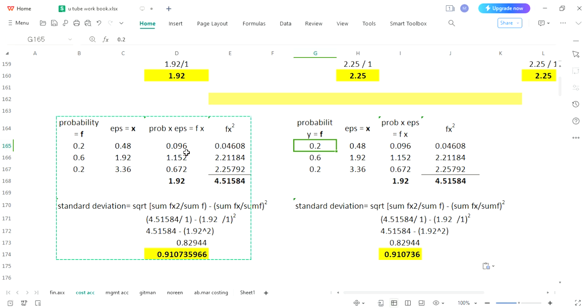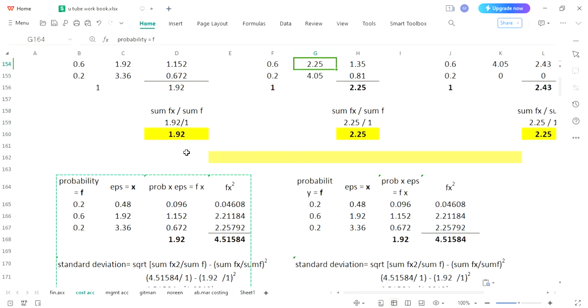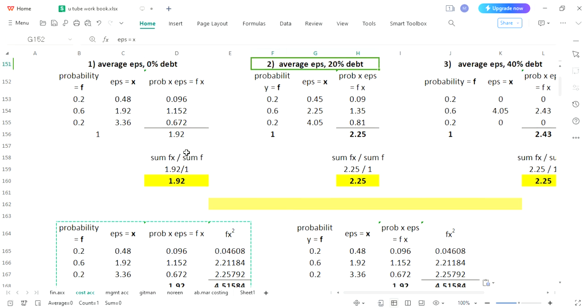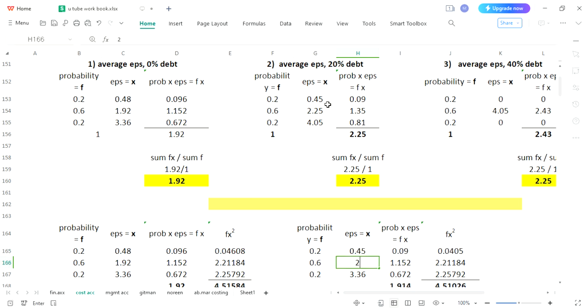So this was for your first part. Calculations have been completed, and now you will complete it for your second part. This is your second average, and you will change this EPS accordingly. Look over here, EPS was 0.45 and then 2.25 and 4.05.